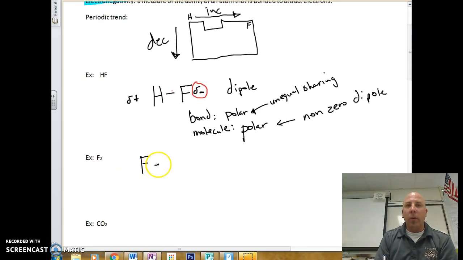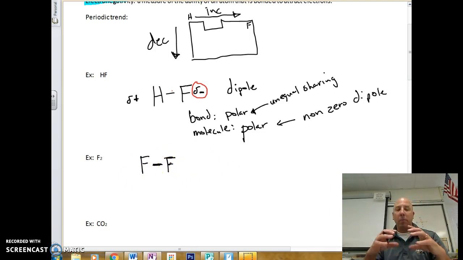Let's take a look at diatomic fluorine next. In the Lewis structure, again for ease, we're going to ignore all of the unshared electrons right now. This is a nice linear molecule, and we have a single covalent bond between two fluorine atoms. Because we have two identical atoms pulling on these electrons, there's no winner for the electrons. One fluorine is not going to be any stronger than another. They both have equal electronegativities.